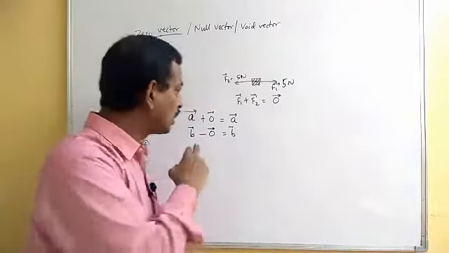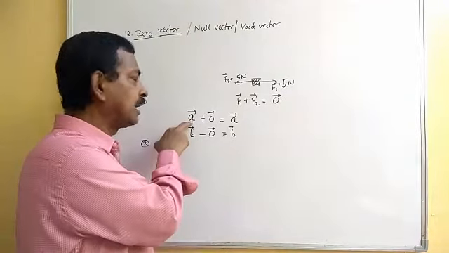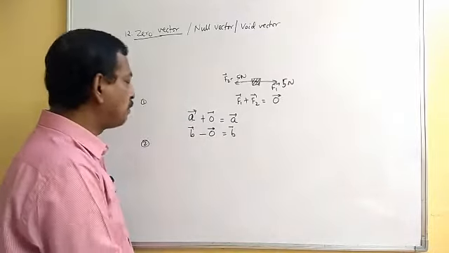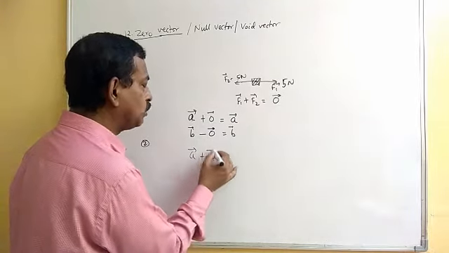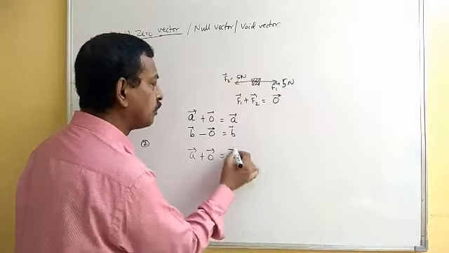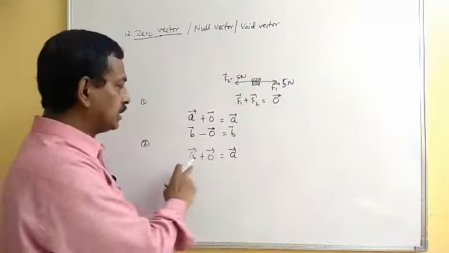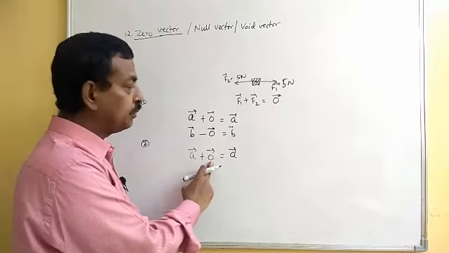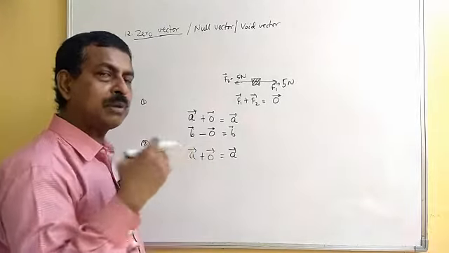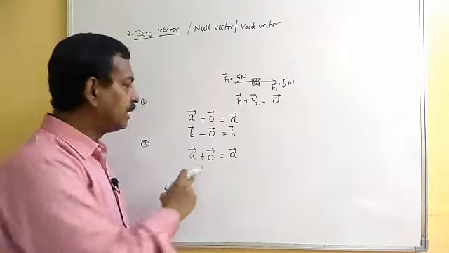So here, if you consider vector A and you add the zero vector to that, what do you get? Vector A. This has magnitude A, the zero vector has magnitude 0, and the resultant also has magnitude A.